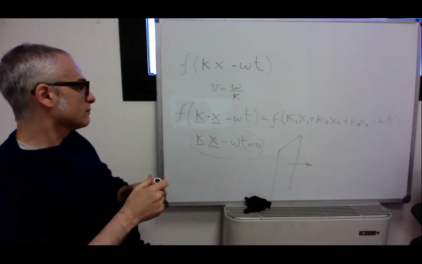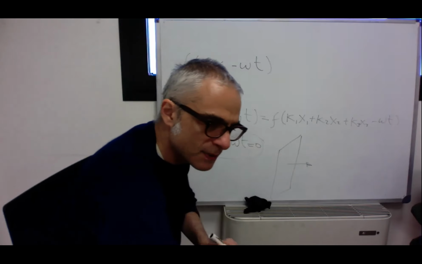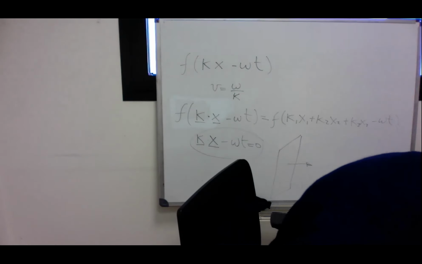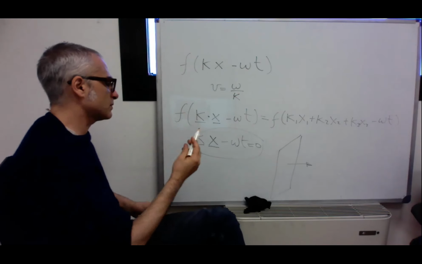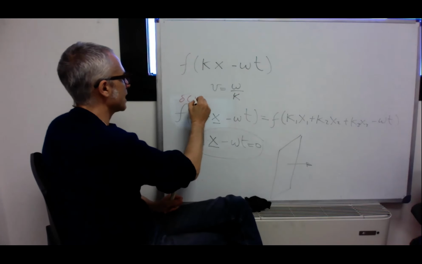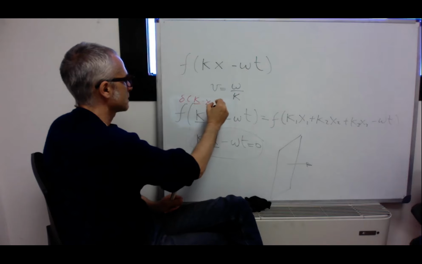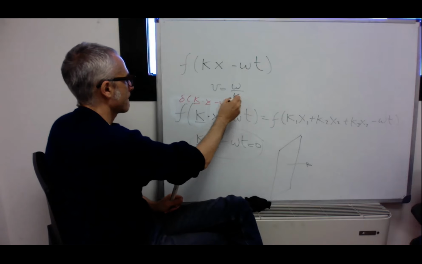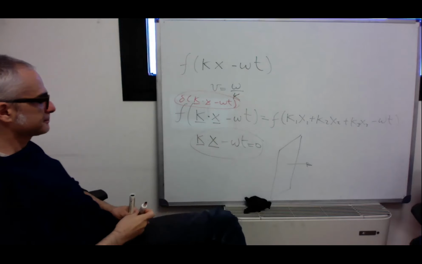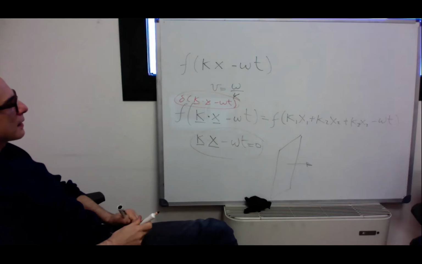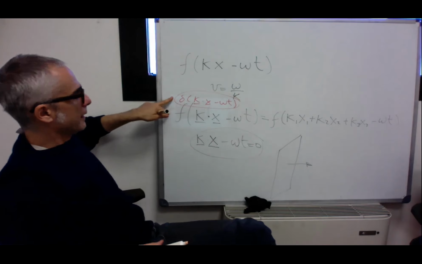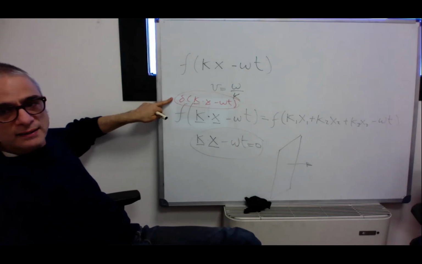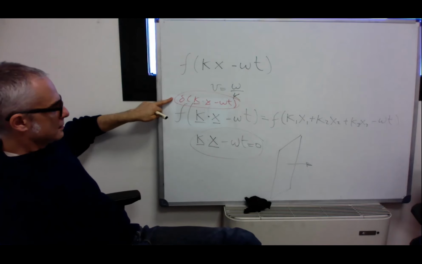To simplify and fix ideas, you can think about the simplest possible way, which is an impulse. It could look like this, with the Dirac delta.